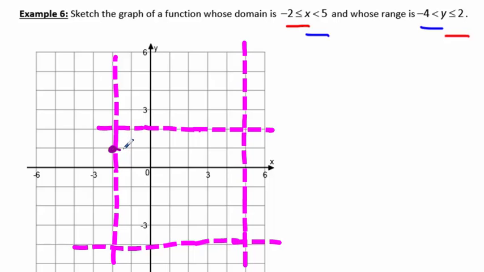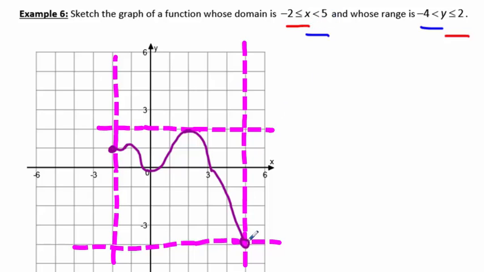And I'm going to wiggle this along, just trying to make sure that I connect between all of the y values that I need to have. You can wiggle as much or as little as you like. I'm going to say it needs to go up to a positive height of 2, including 2. So I'm going to just go right through 2, not stopping, and then down to a height of -4 before the end, and I'm going to put an open circle right there to signify that my graph is not allowed to actually touch that point because it cannot touch the value -4 on y, and it cannot touch the value 5 on x.